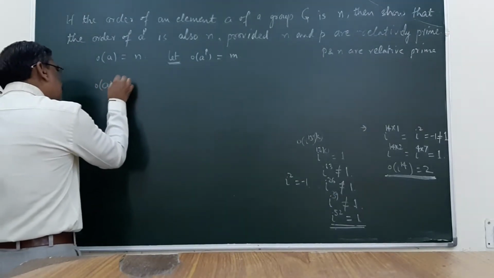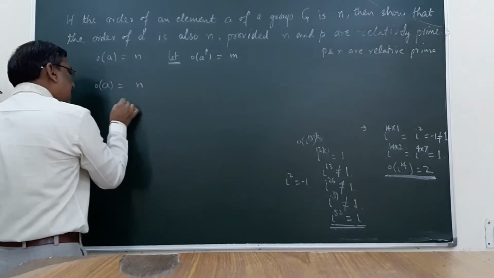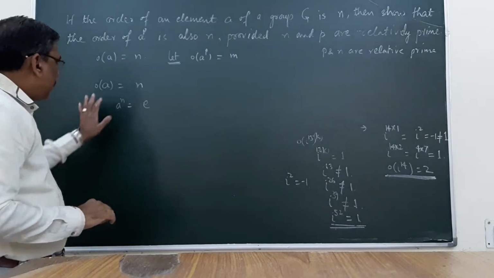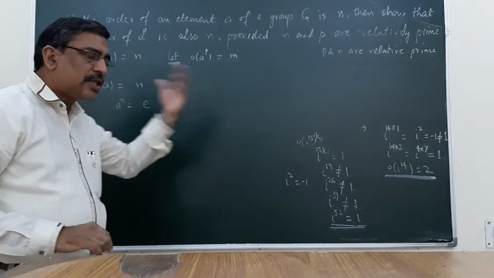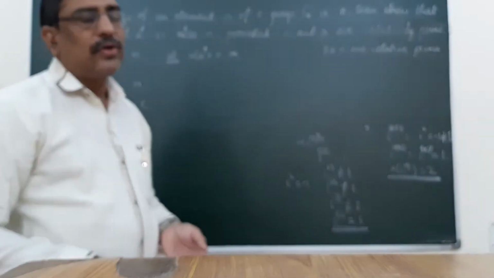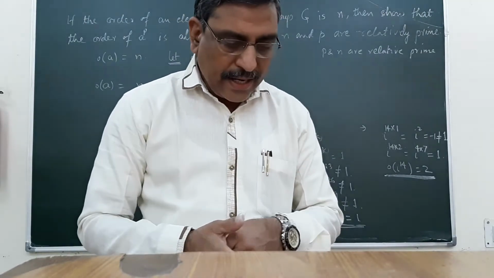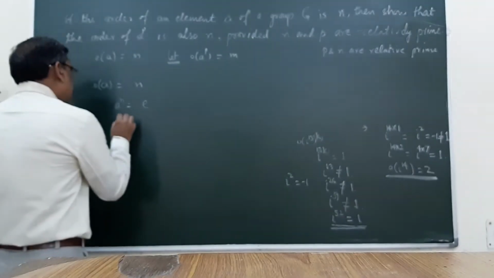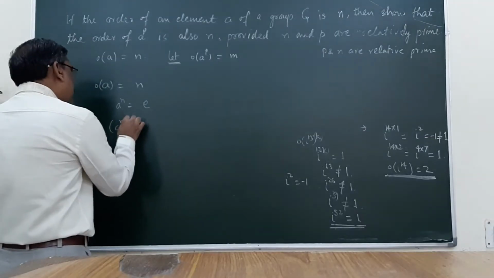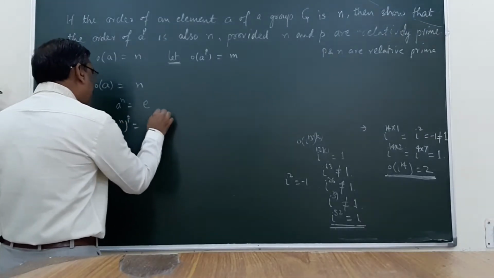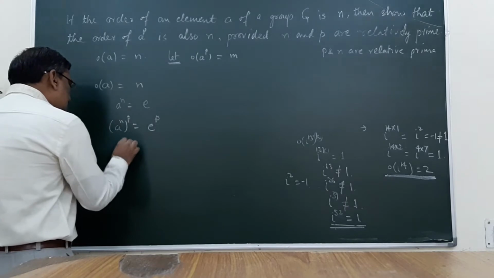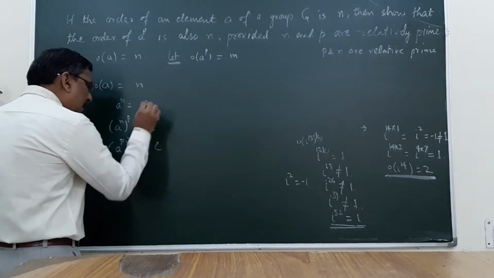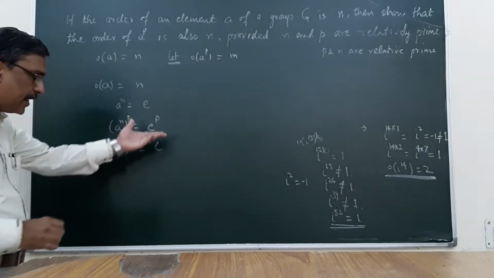Order of a is equal to n means a raised to the power n is equal to identity, where n is the lowest such integer. So a raised to the power n is equal to identity. I can write (a^n)^p is equal to e^p, and this can be written as (a^p)^n is equal to identity, since e^p is again identity.